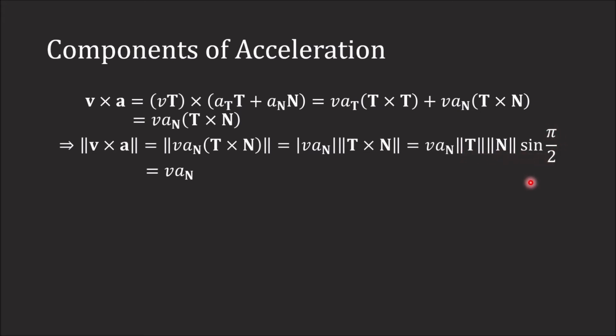Sine of pi over 2 is also 1, so we're left with v a sub n. To solve for a sub n, just divide by speed, and we find that the normal component of acceleration is the magnitude of the cross product of velocity and acceleration, all divided by the speed.